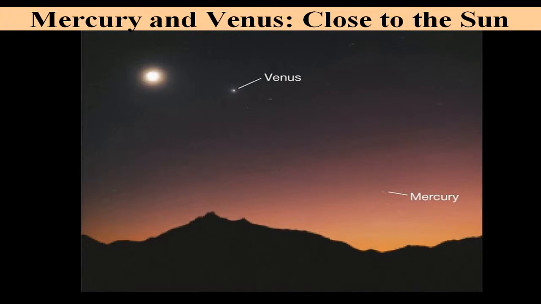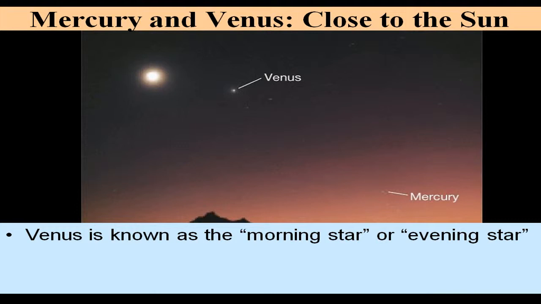So you're either going to find them close to the setting of the Sun at night, at dusk, or close to the rising of the Sun near dawn. So within a few hours of the location of the Sun.